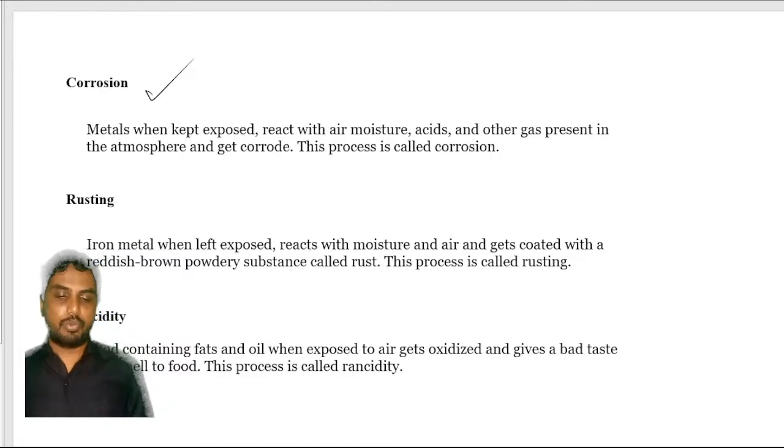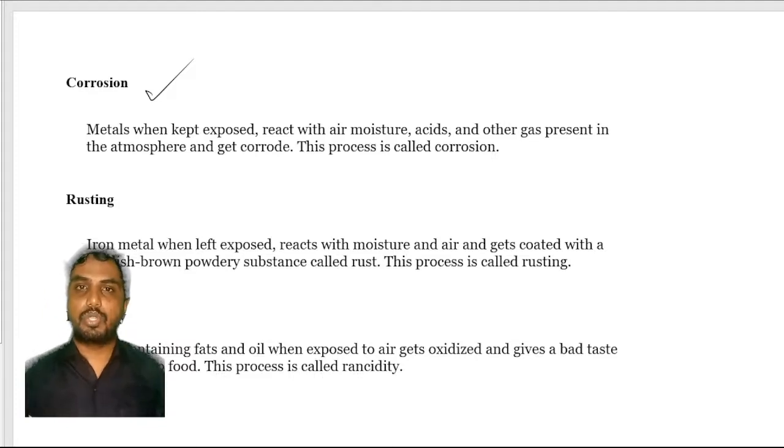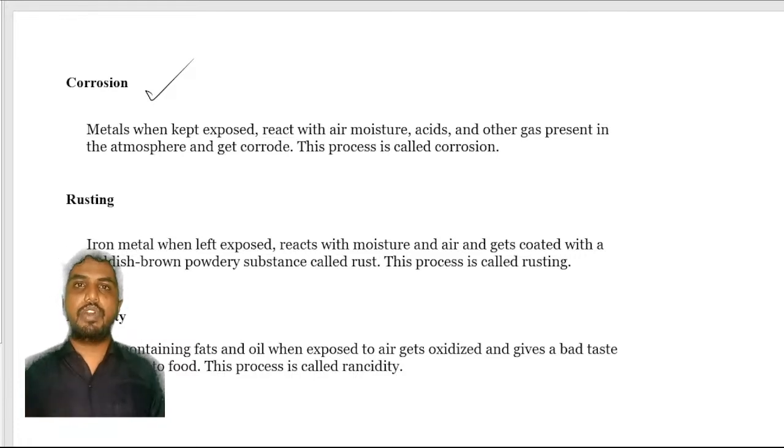And rancidity. So what is meant by rancidity? Rancidity happens in food material, for example fats or oils. Whenever you cook some sweets, like jangri or laddu, and keep them for 15 to 20 days, what will happen?